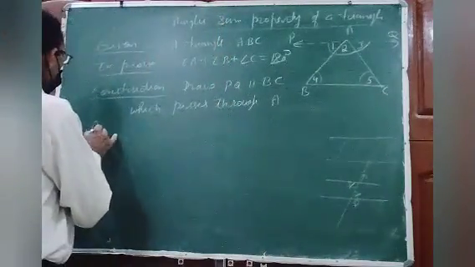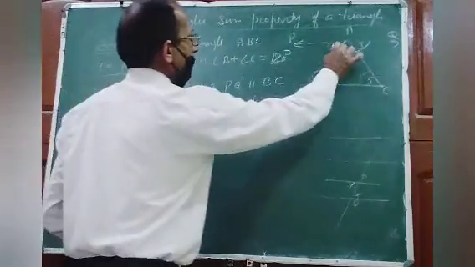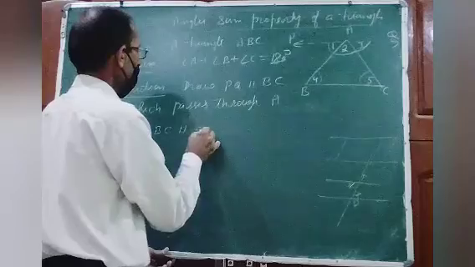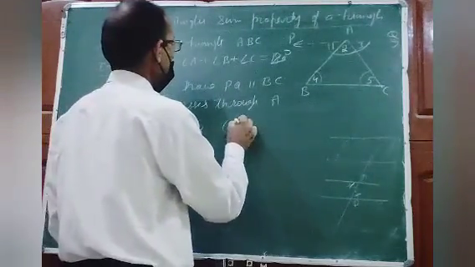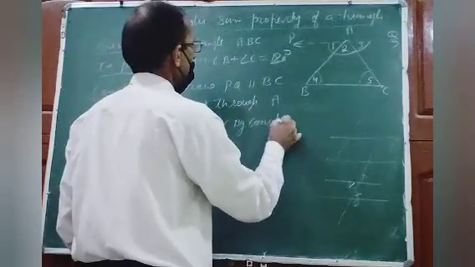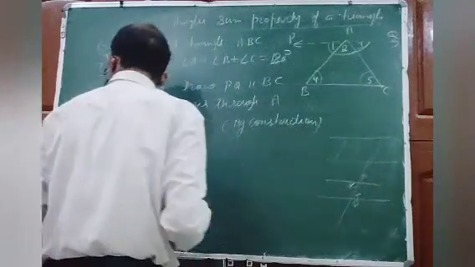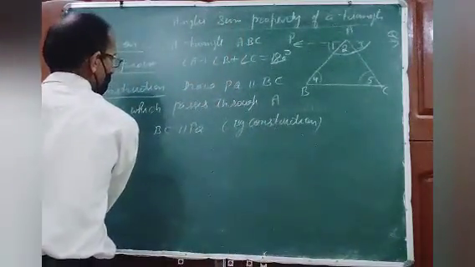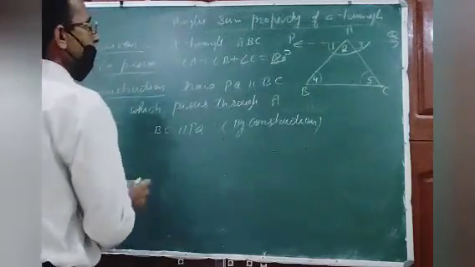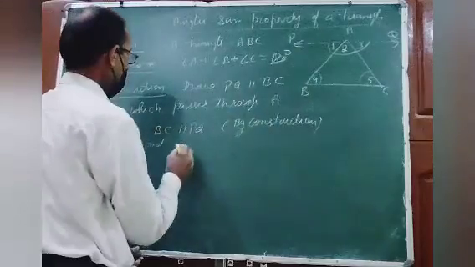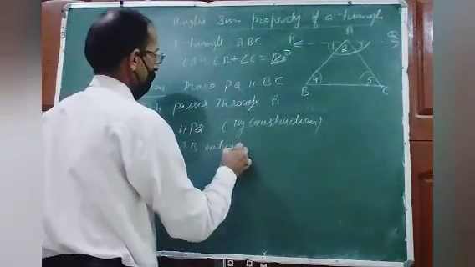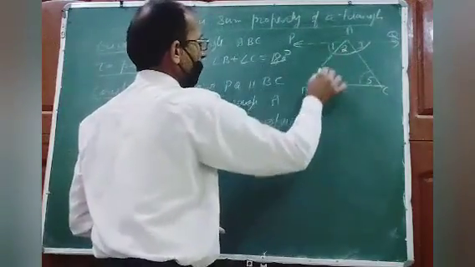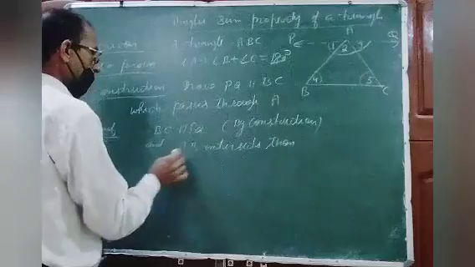So, proof. For this proof, I will write: BC parallel PQ by construction, and AB intersects them.